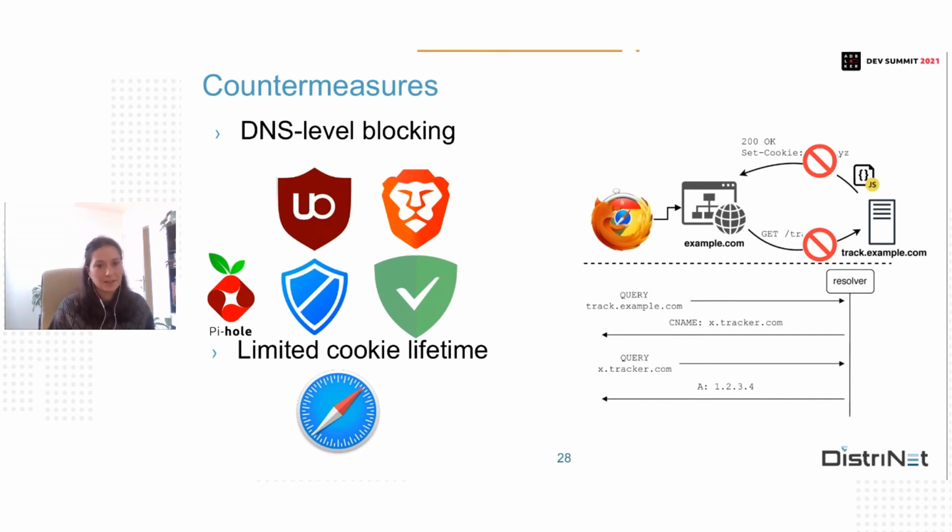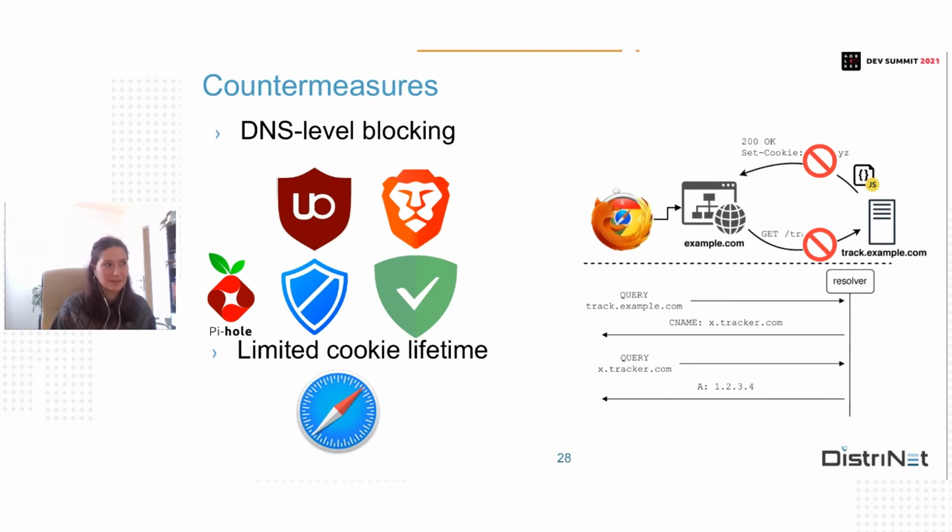This is the method that Brave currently uses. And also, as I mentioned before, uBlock Origin on Firefox, not on Chrome. And then, as Andre mentioned in his presentation, there are a couple more tools who do this by using their DNS data, such as PyTool, AdGuard, and NextDNS.